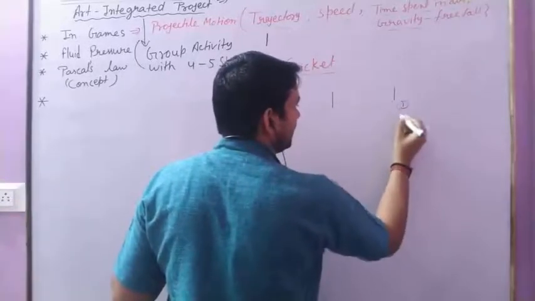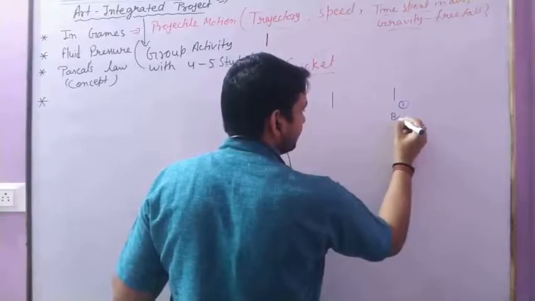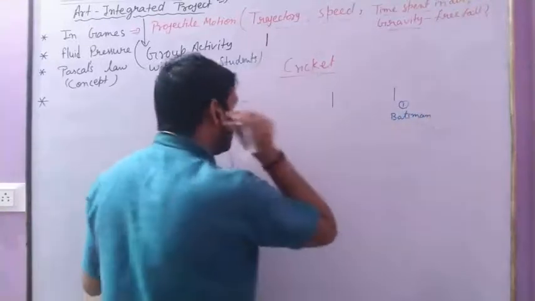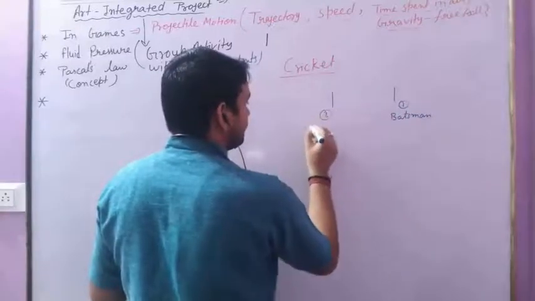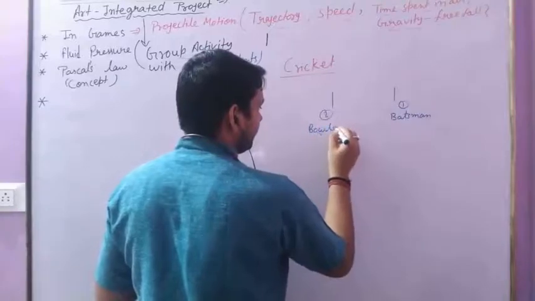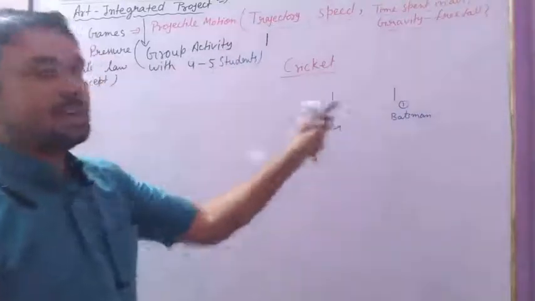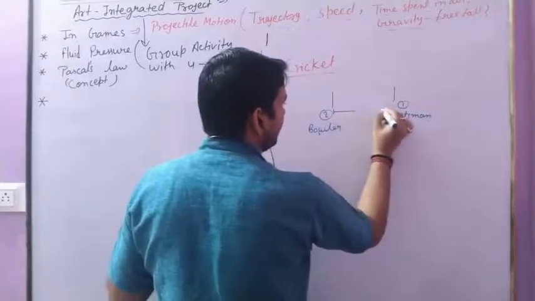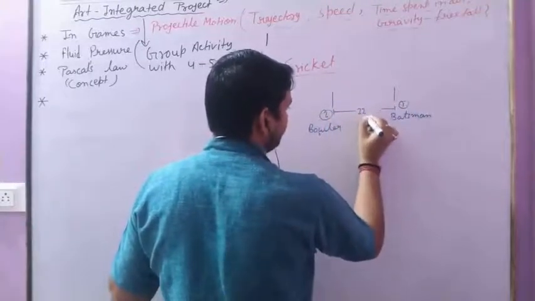The first one is the batsman side, and the second is the bowler side. You know that the distance between the two is about 22 yards.